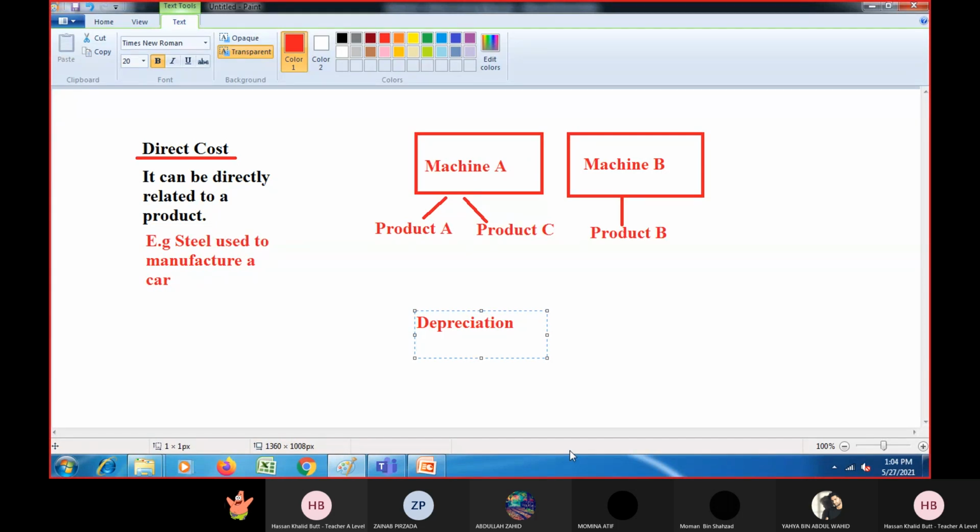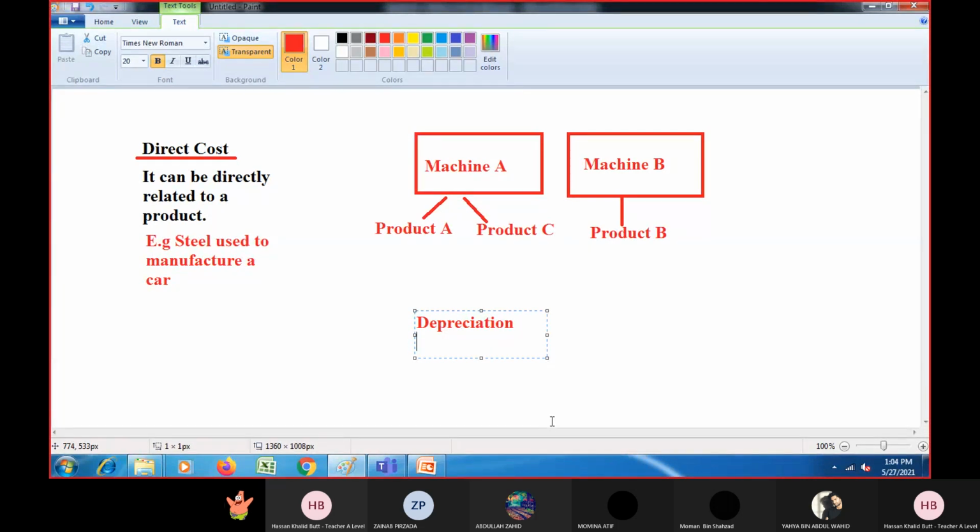Actually, there are some accounting concepts here in business studies as well. I think you must have studied that in grade 10. If not, then I'll be teaching you or rather revising those concepts. Depreciation is a loss in the value of a non-current asset.